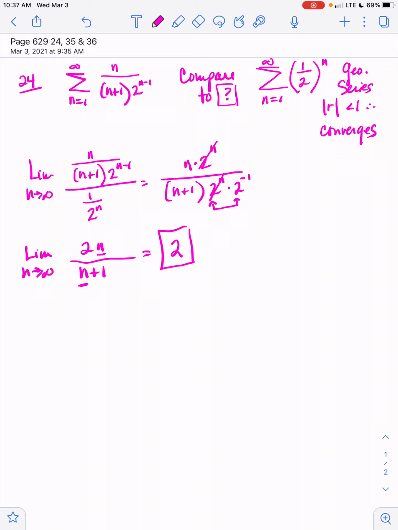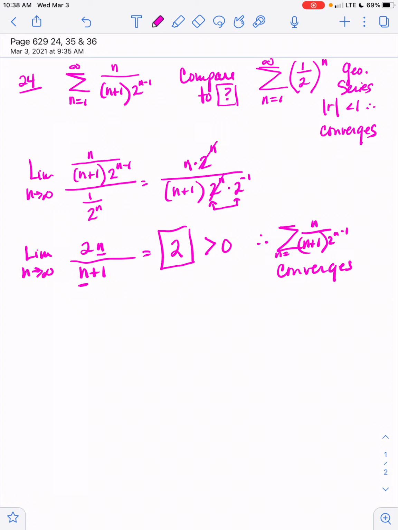And what do I know? I get a value for the limit comparison test. And that means since I get a value which is greater than 0, therefore, this original series converges.